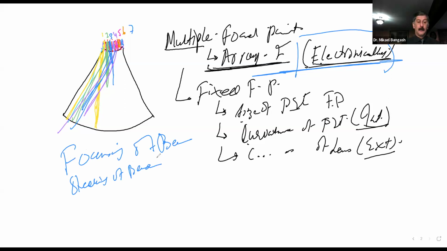That will be controlled electronically, especially in transducers where we have multiple PZTs or crystals.